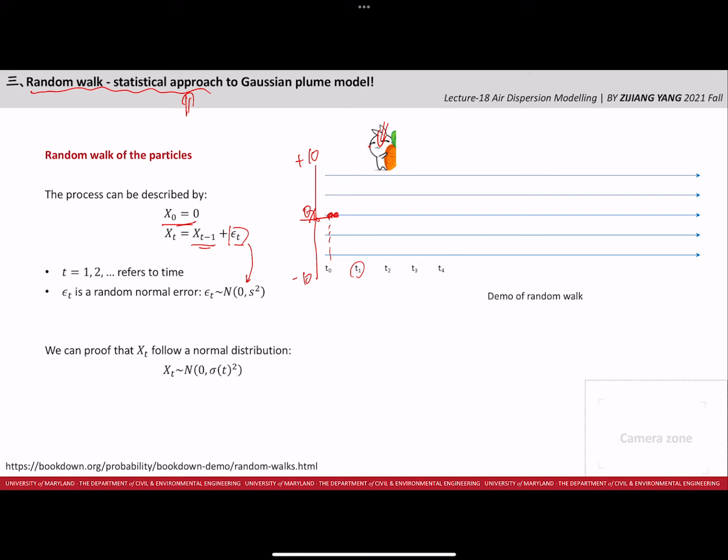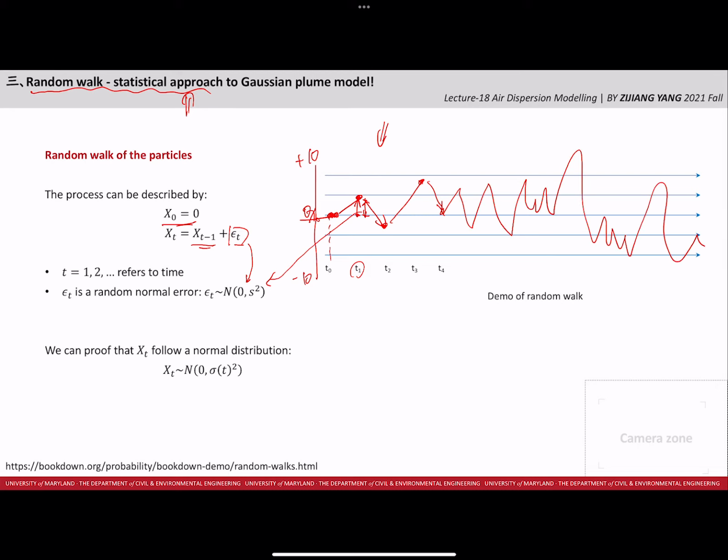In other words, at t0, I'm here, but at t1, I can have a vertical movement, and the length of this vertical movement follows a normal distribution. And maybe at t2, I become here, and at t3, I'm here, and t4, I'm here. So basically, we can just move like this.